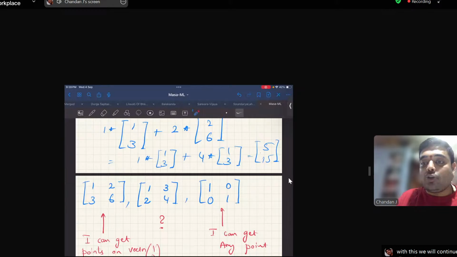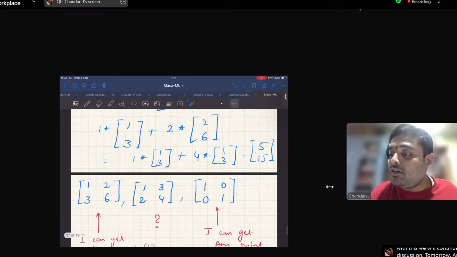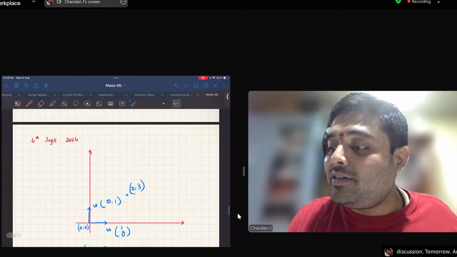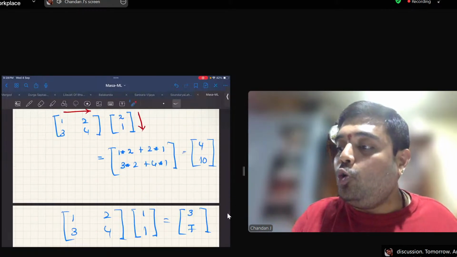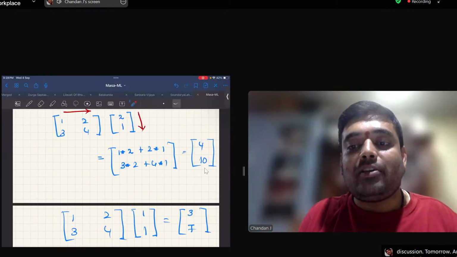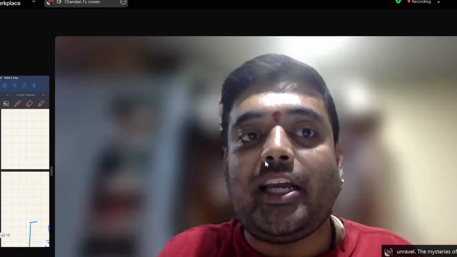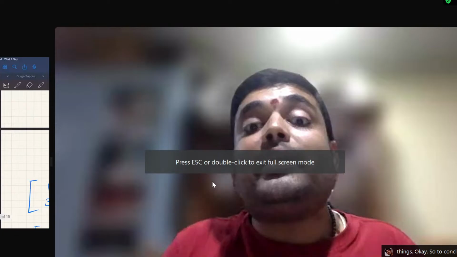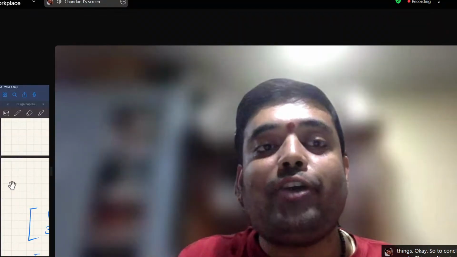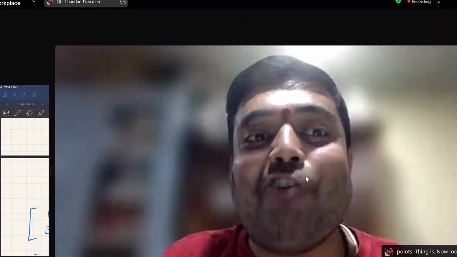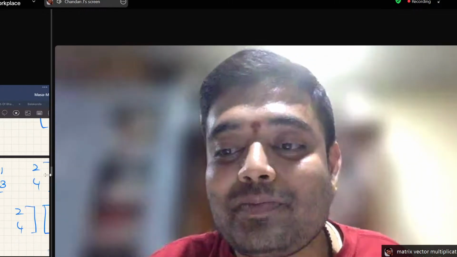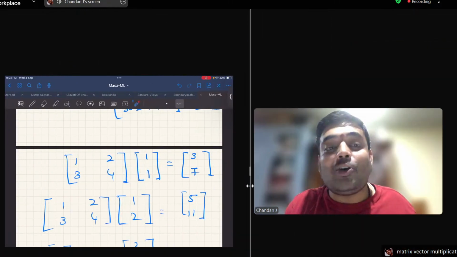To conclude, look at any matrix vector multiplication as some transformation of the vectors involved in that matrix. That is the whole idea.